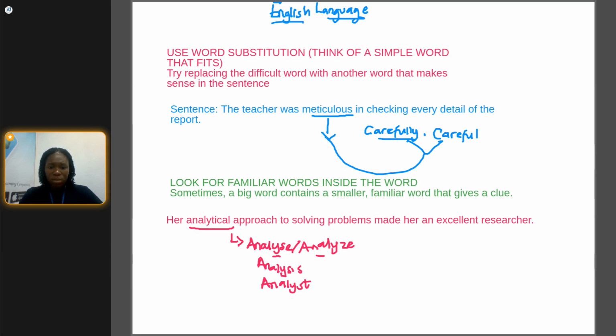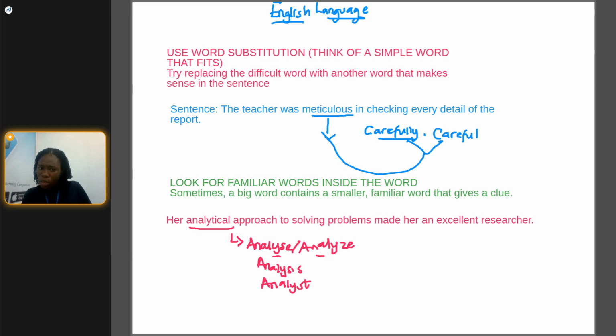So that could mean the ability to think logically or to actually analyze problems. If you put that in this word, analytical approach, that means she is able to examine and determine thoroughly so she could understand something.